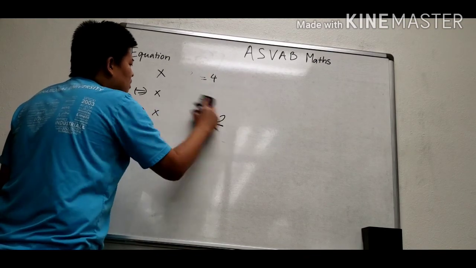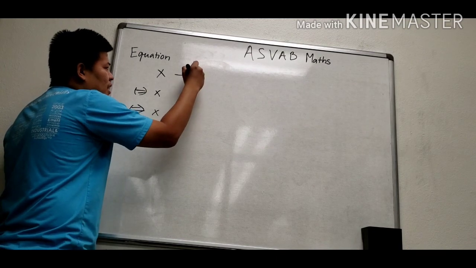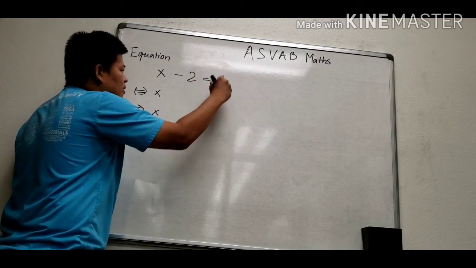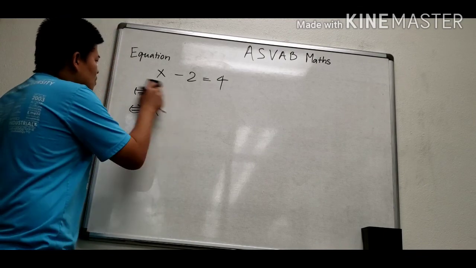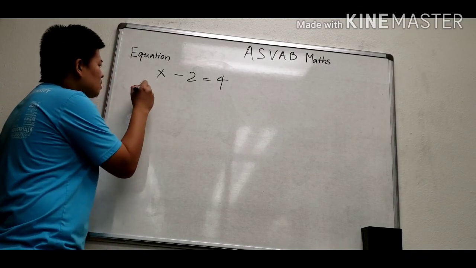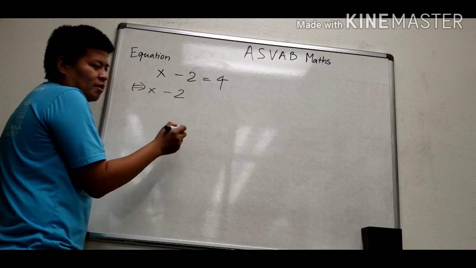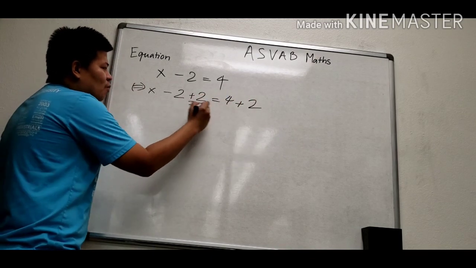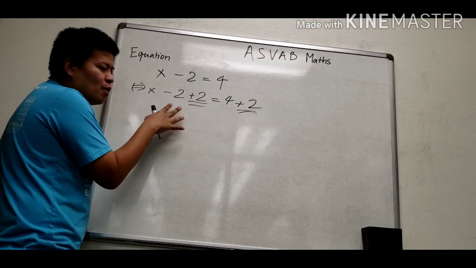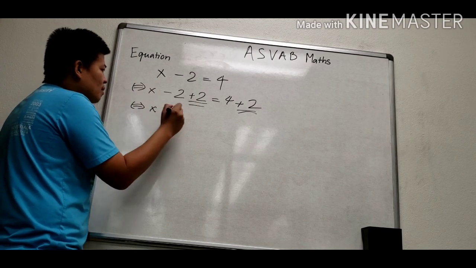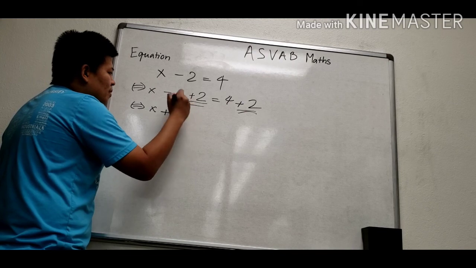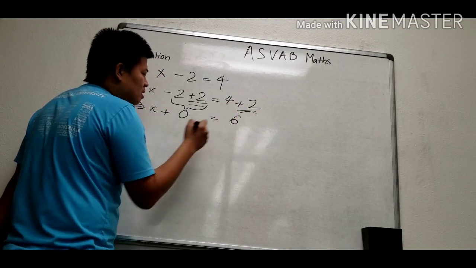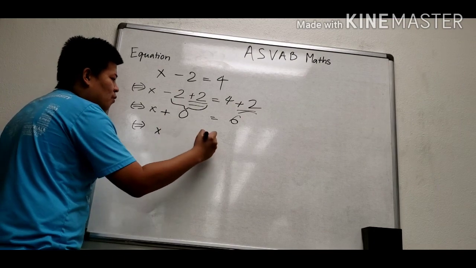The next one, if this one is s minus 2 equal to 4, and when we do this equation like this, the first one is we put the plus 2 in here, plus 2 in both sides, because when we plus 2 together, the numbers in here will eliminate, so that we got s plus 0, because minus 2 plus 2 is 0, and 4 plus 2 is 6, so we got s equal to 6.